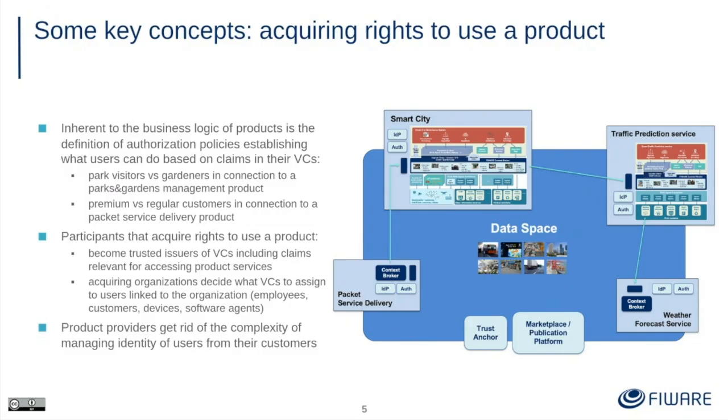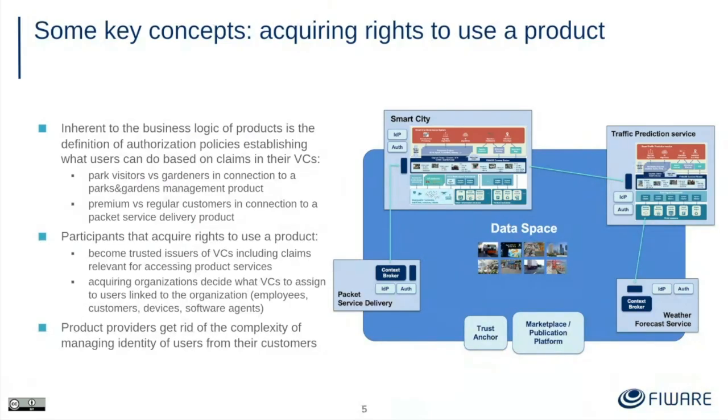That logic of acquiring the rights to use a product is built on giving an organization the access, establishing policies authorizing users of another organization to actually use the data. So an organization acquiring access to the data product, in our case the consumer, will through the process of acquiring the rights be allowed to issue certain verifiable credentials to its users that they then can use to access the service.